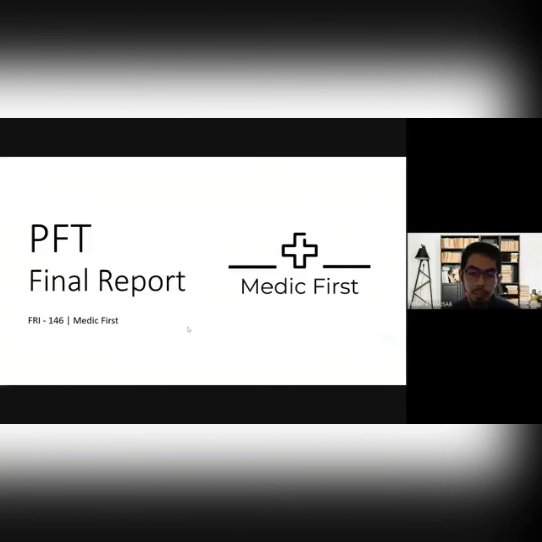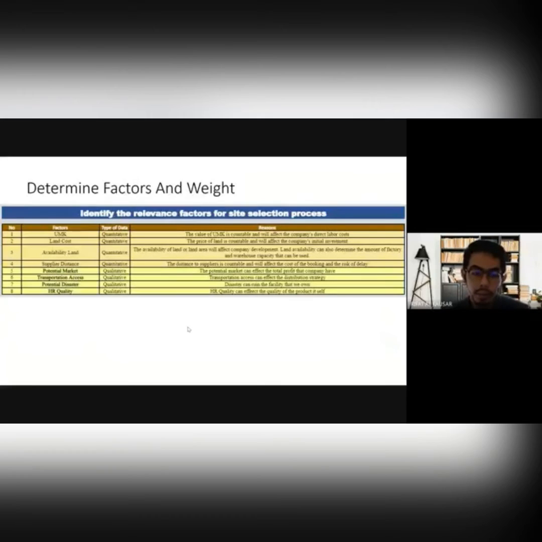Okay. Now is for the practicum of facility planning. Next. Okay, first in the facility planning, we need to determine factors and weights to determine the location. These factors are what we think important to determine the location.